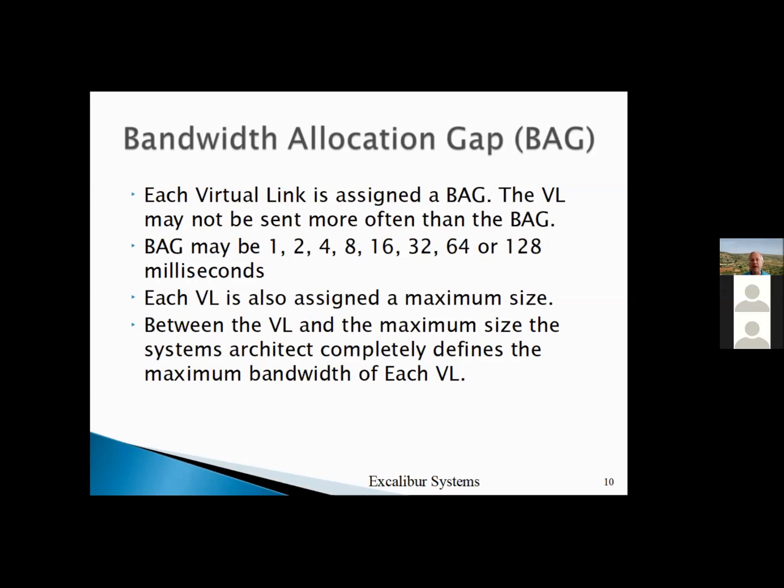So each kind of data that needs to be transmitted on the aircraft gets a certain number of milliseconds per second that it's allowed to transmit. That means that if the bag is, say, 8 milliseconds, that VL is not allowed to go out more than every 8 milliseconds.